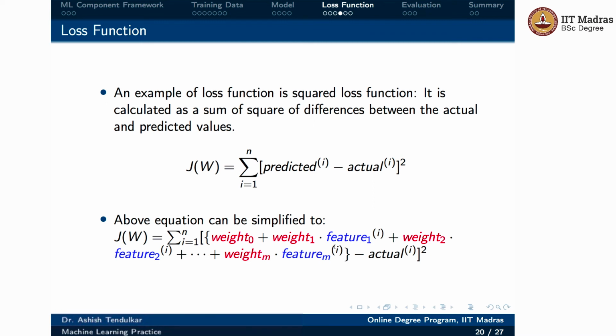So there are m features for each example, and we are calculating a linear combination of these features to obtain the predicted label. So the linear combination of features of the ith example gets us the predicted output for the ith example, and then we subtract the actual output of the ith example, take the square of the difference and sum it up, as we have seen over here. So all that we do is take this linear combination and substitute it in place of the predicted.